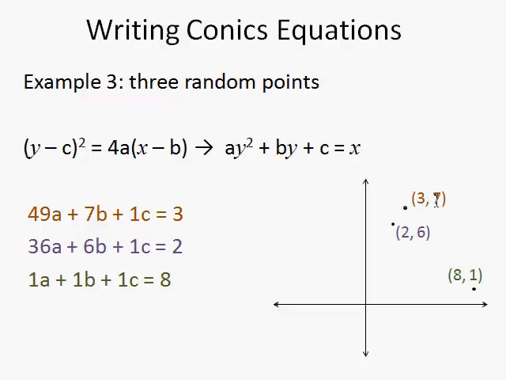So 3, 7, so 7 squared, this is the form here, a times 7 squared plus b times 7 plus c equals x, and x is equal to 3. This point generates this one, and this point generates this one. And that we can solve on our graphics calculator, 3x3 equation, and it gives us this value here. You won't actually be asked that because it's not really a conics question.